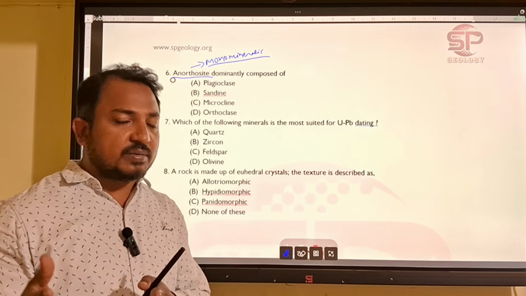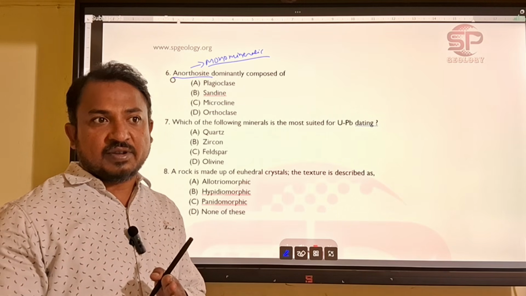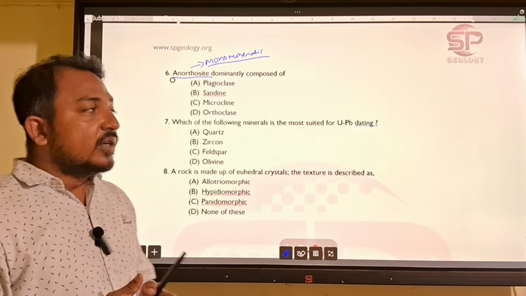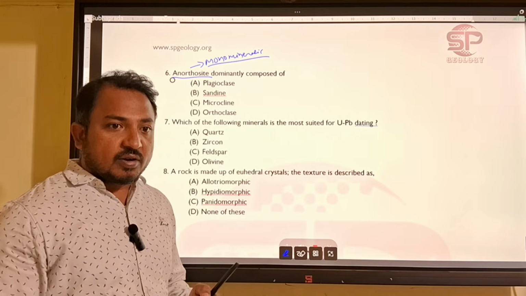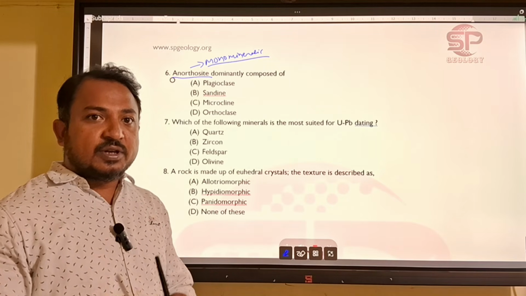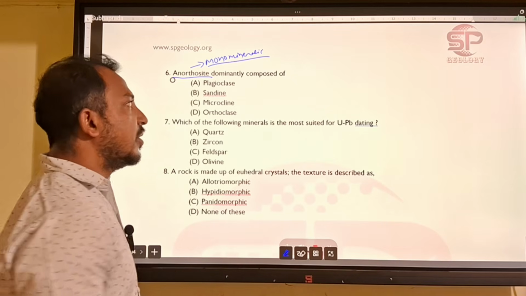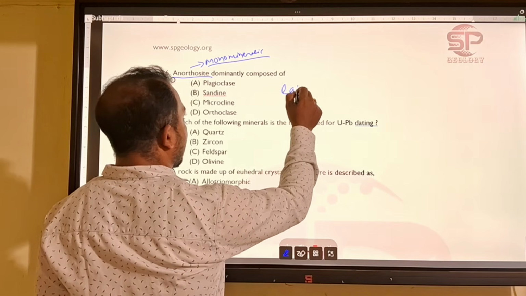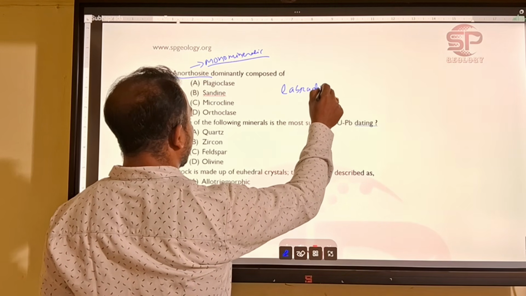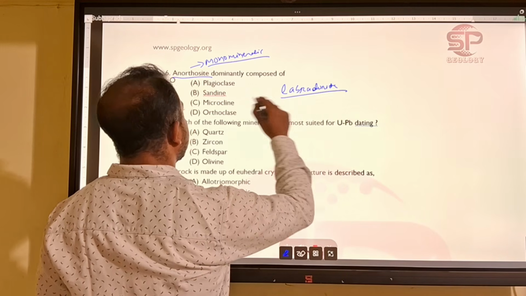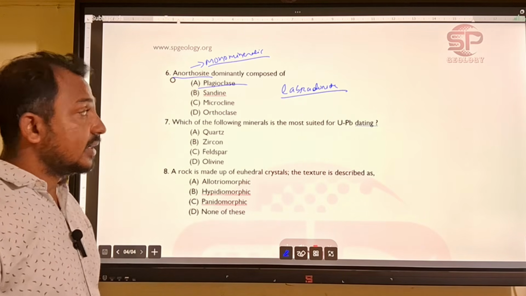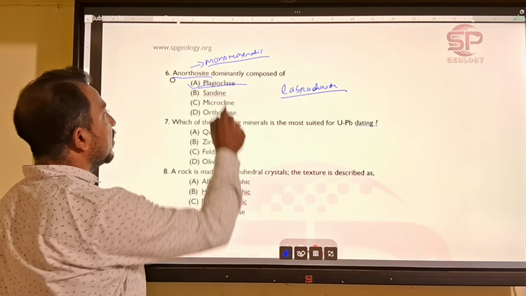Other accessory minerals are present, but in very small percentage. So that's why they are called monomineralic rocks, because of the dominance of a single mineral within the rock. So anorthosite is such a rock that consists of 90 to 95% labradorite, which belongs to the plagioclase series. So answer will be plagioclase.